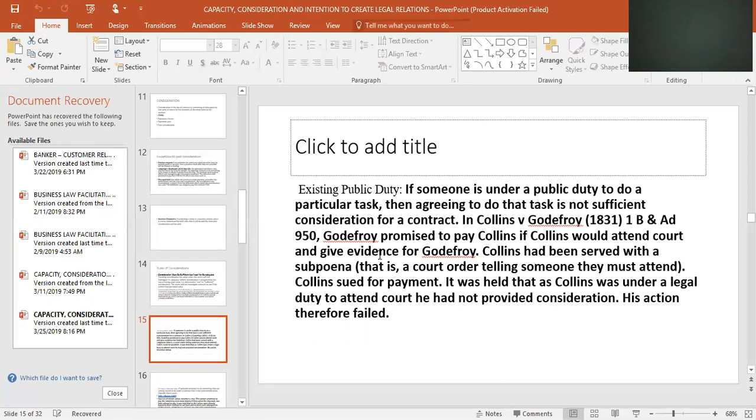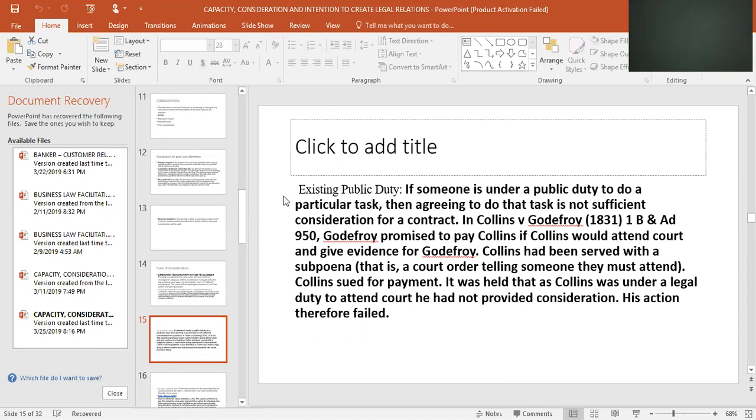Whenever somebody has an existing public duty, that person cannot consider that existing public duty as a past consideration. If someone is under public duty to perform a task, then agreeing to do that task is not sufficient.